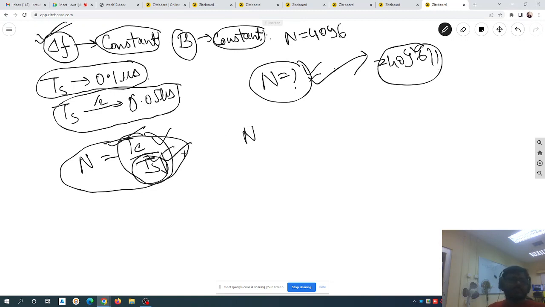Now think what happens. If Ts decreases and Tc remains constant, N increases.